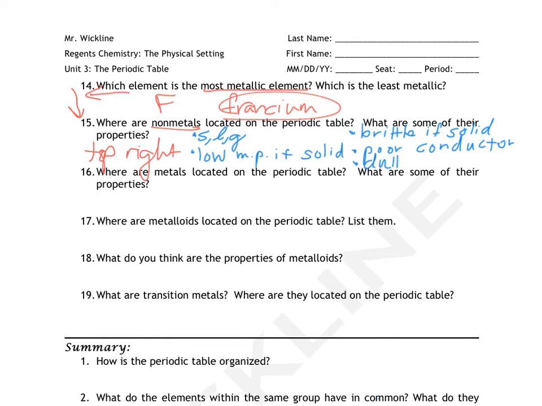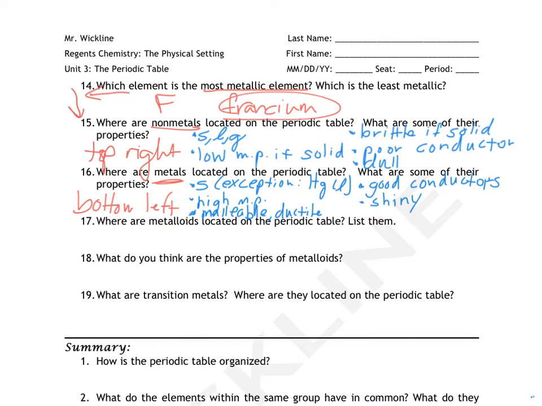And when we're looking for metals on the periodic table, we'll find metals on the bottom left. And I'll write in some of their properties in blue, and then I'll discuss. So I actually just sort of wrote the opposite of a lot of the things that I wrote for nonmetals. And metals and nonmetals are opposites in many ways.